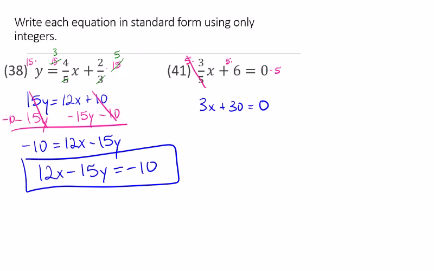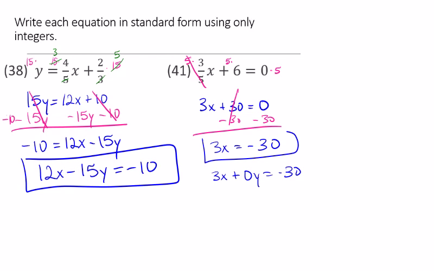But that's okay, we want x to be positive. It's positive on the left, so I'm just going to move the number to the other side. So it'll be 3x equals negative 30. Alright? And technically, it's 3x plus 0y equals negative 30. So b is 0 like we said.